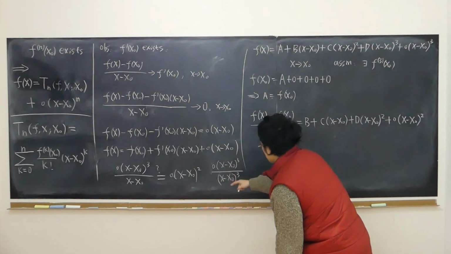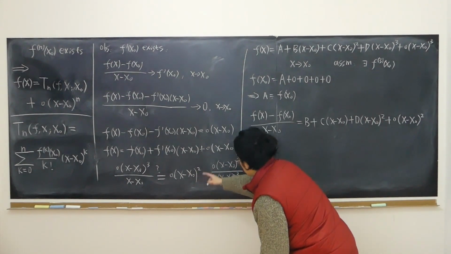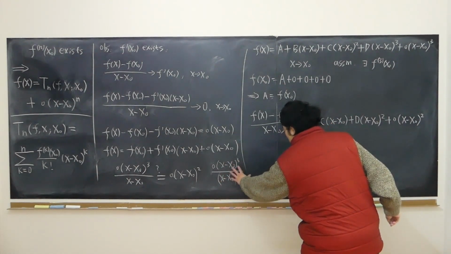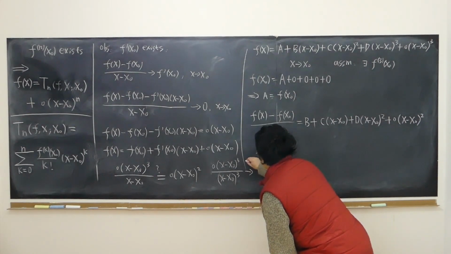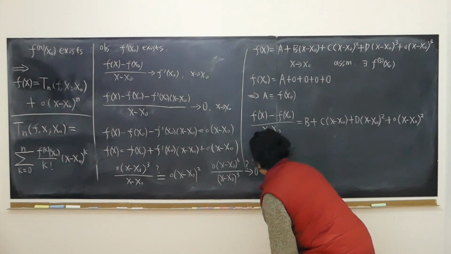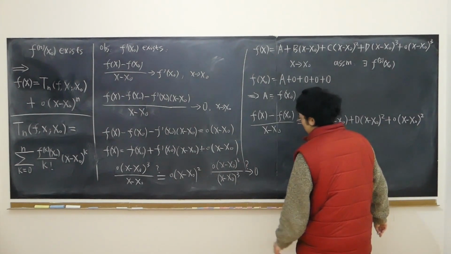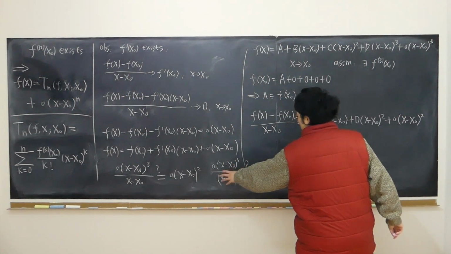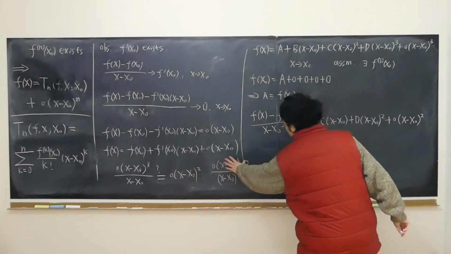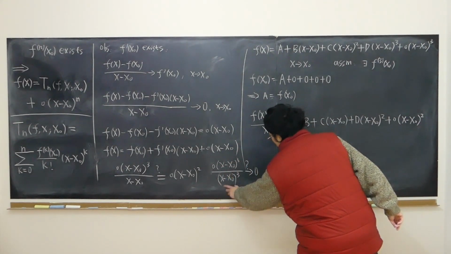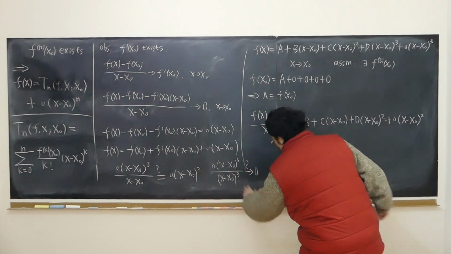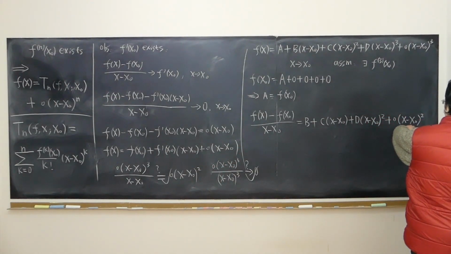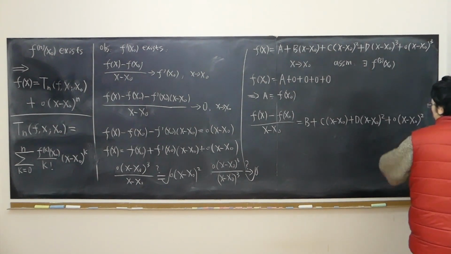Previously I have x minus x naught, then I divide it by (x minus x naught) to the power of 2, and I have (x minus x naught) to the power of 3. Can this quantity still be infinitely small as x approaches x naught? Yes. Why? Because the meaning of little omicron of (x minus x naught) to the power of 3 is exactly that, after dividing by the same quantity, it is infinitely small. So really it's true. Indeed, we can just do normal division and write it like this.